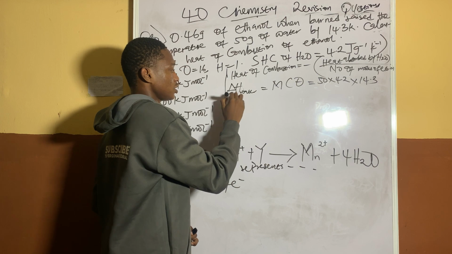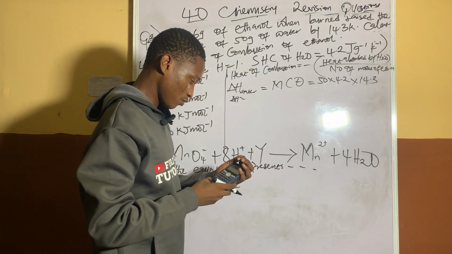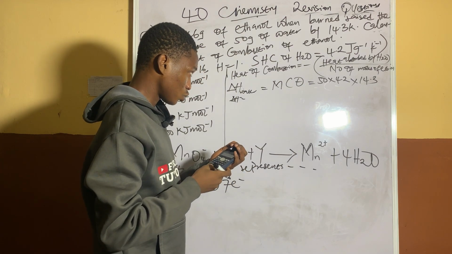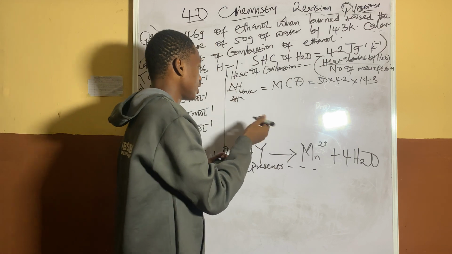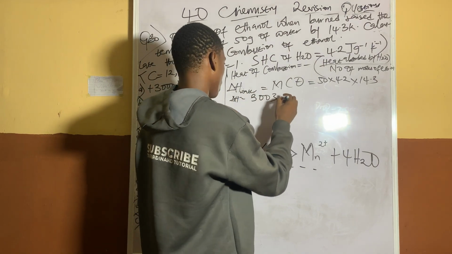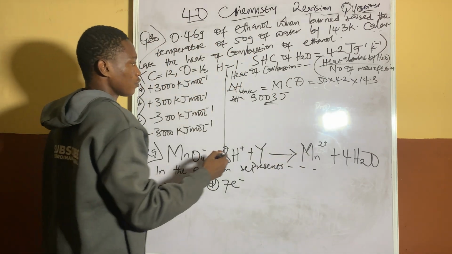So our change in H will be equal to 50 times 4.2 times 14.3. So I have 3003 joules.